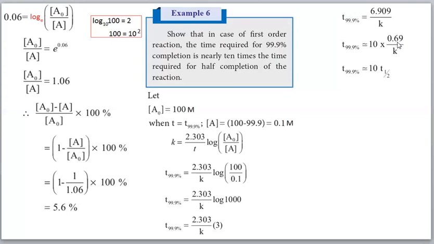The same value is coming here, 0.6932, and the last 2 digits are small numbers, so we can leave them. So T 99.9% is approximately equal to 10 times T half. That is what we wanted to show, so we proved it.